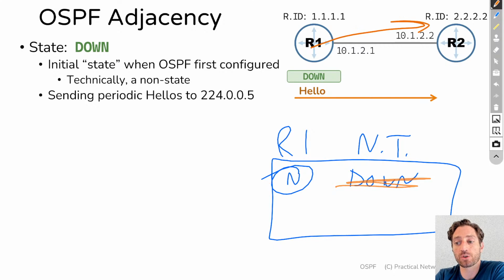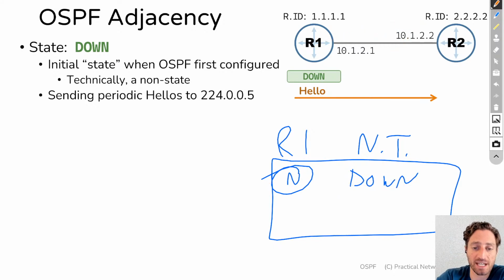It doesn't know that any other router even exists on that link for it to be down. So technically, down is the initial state when OSPF is first configured, but do understand it's sort of a non-state because there is no entry that can exist in the neighbor table. If you don't see anything in the neighbor table, then the current state of a particular neighbor relationship is down.